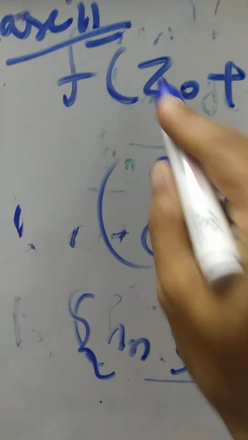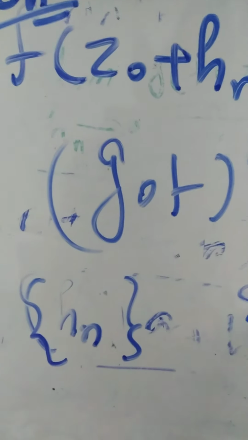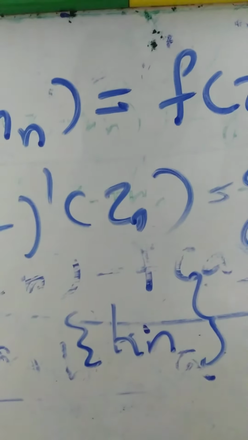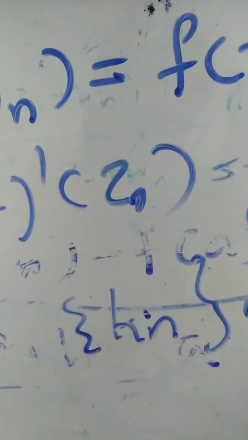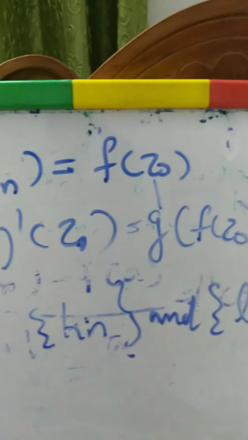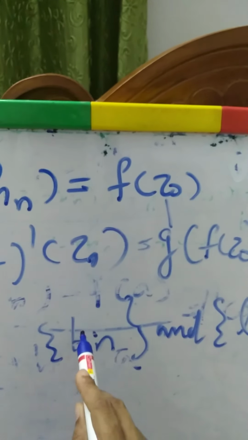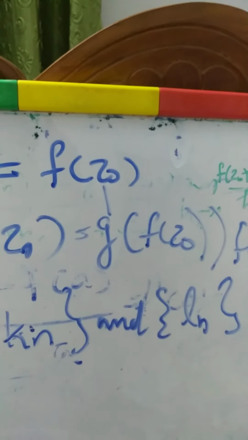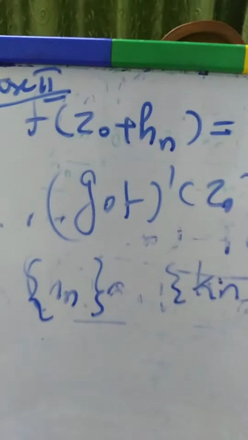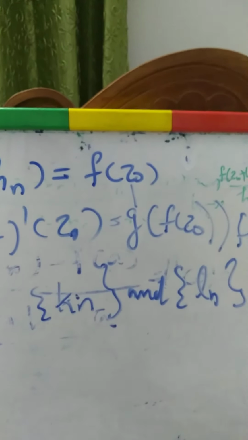So first you write your sequence h_n as the union of two sequences, sequence k_n and sequence l_n.